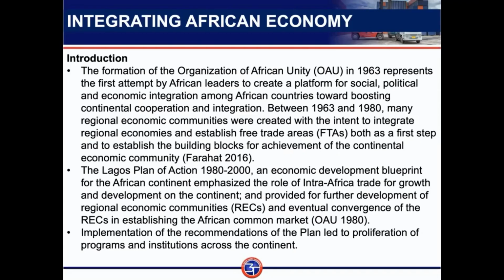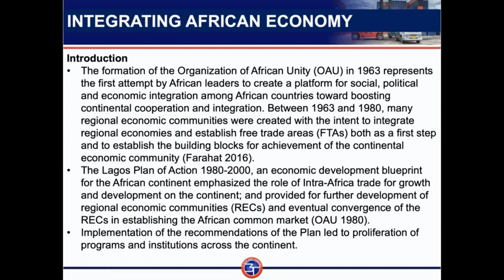These economies were created with the intent to integrate regional economy and establish a free trade area, both as a first step and to establish building blocks for the achievement of a continental free trade area or continental economic community that we have today.